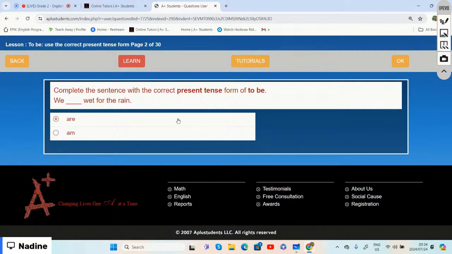All right, so the next one is complete the sentence with the correct present tense form of to be. We, right? We refers to more than one person. Do we say we are with foreign or do we say we am with foreign?